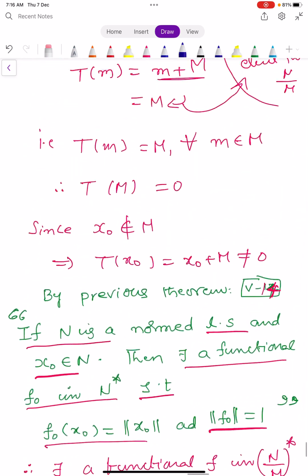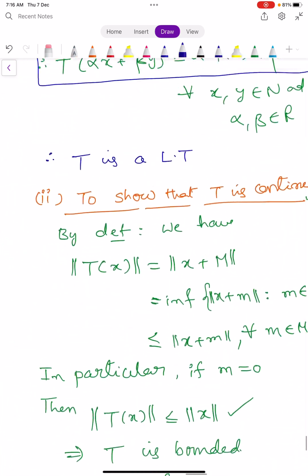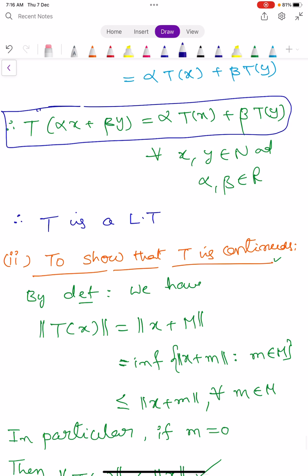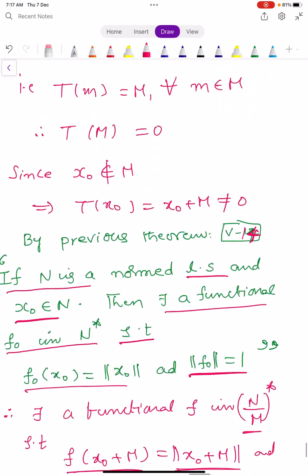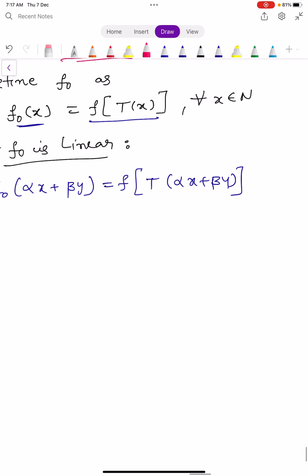In this theorem, we already proved that capital T is a linear transformation, and it satisfies the condition T of alpha x plus beta y is equal to alpha T of x plus beta T of y. Applying that condition here, it can be written as f of alpha T of x plus beta T of y.